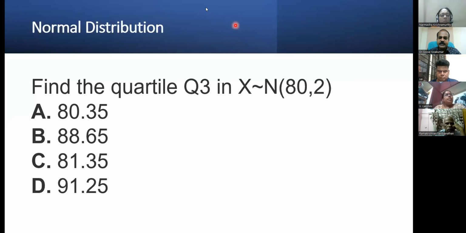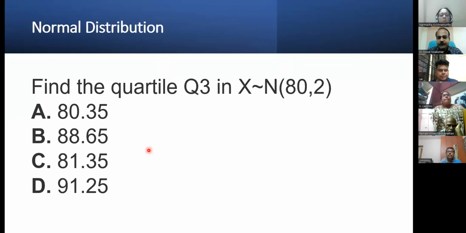Just now we solved, right? In this problem, Q3 is 81.35. C is the correct answer. You all can do it on your laptop also. 30 seconds for you. The specified probability is not the X value.